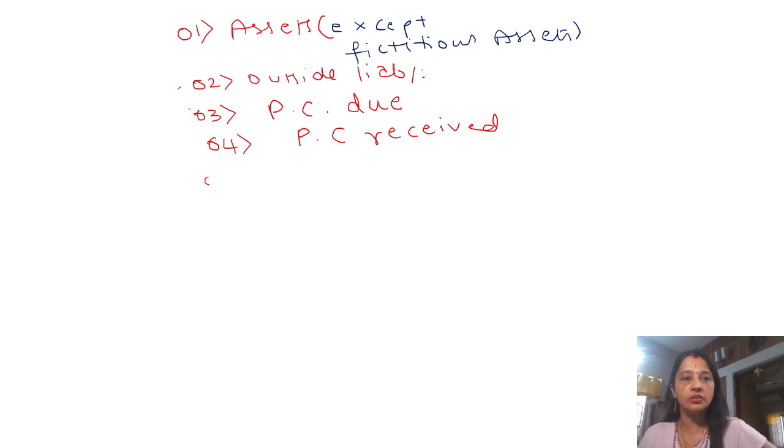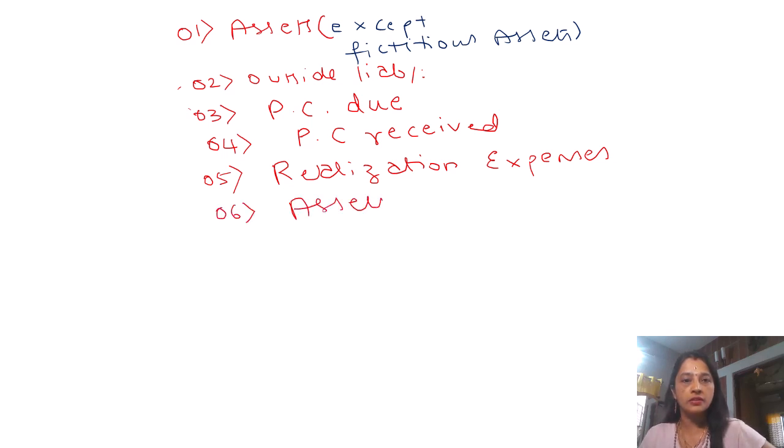Fifth one, realization expenses. Sixth one, assets not taken over.